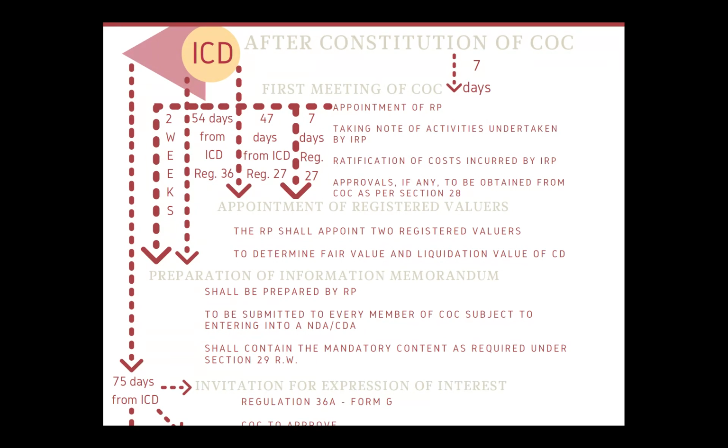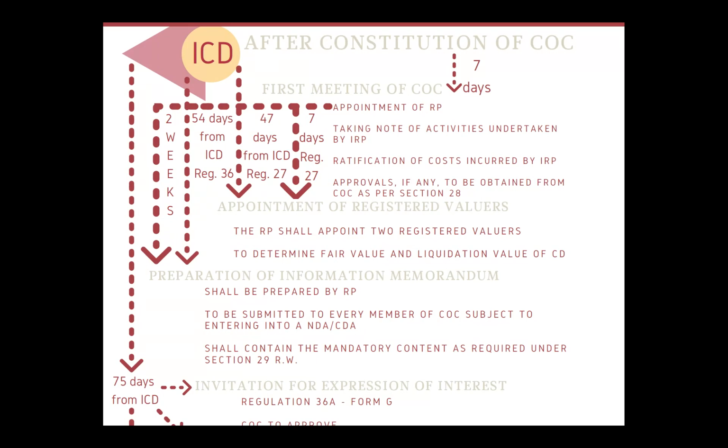So what is contained in such an information memorandum? It gives a description of all the assets and liabilities of the corporate debtor. It provides the latest annual financial statements, the audited financial statements for the last 2 financial years, and the list of all the creditors along with their names and claims. It includes particulars of the debts due from or due to related parties; all related party claims have to be separately disclosed.